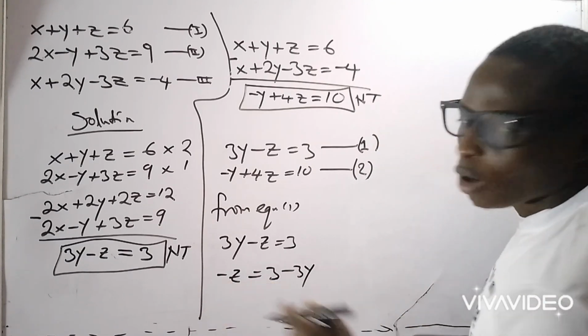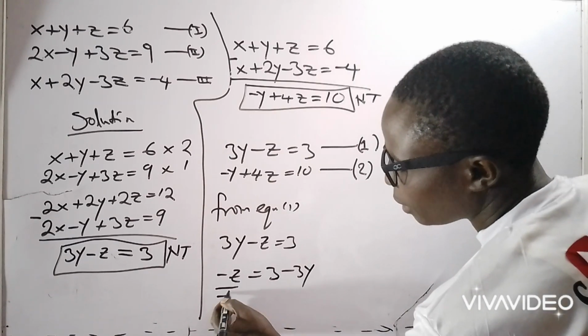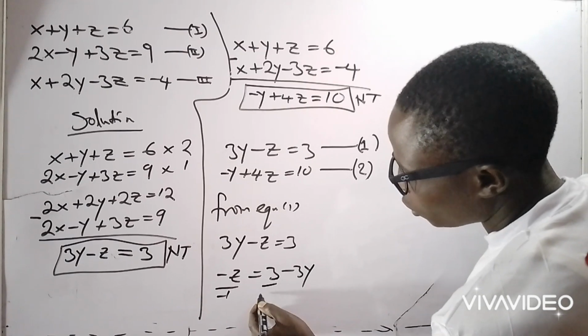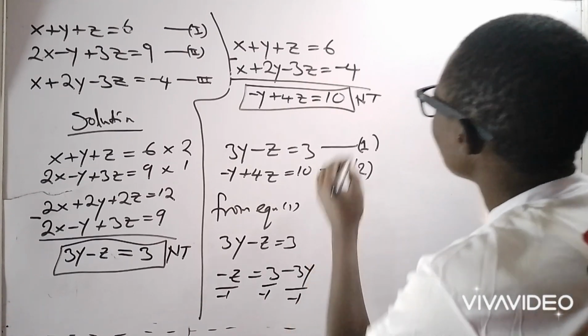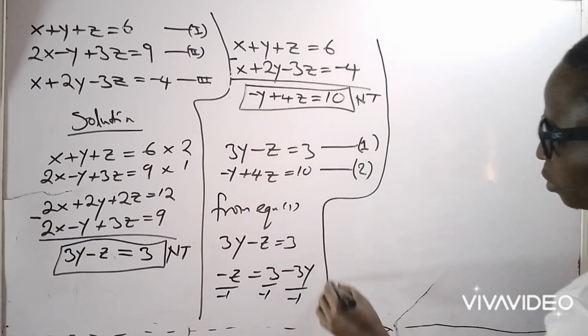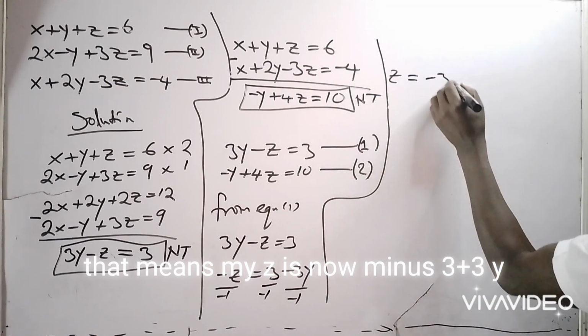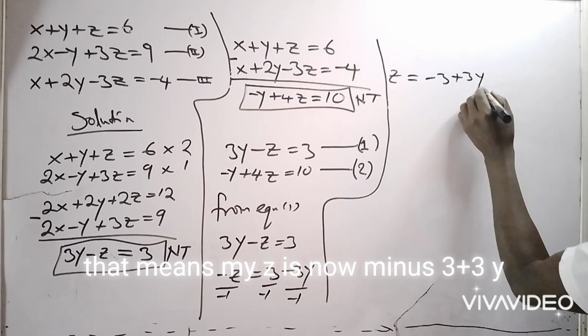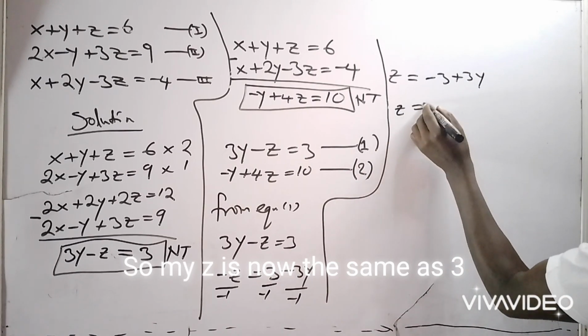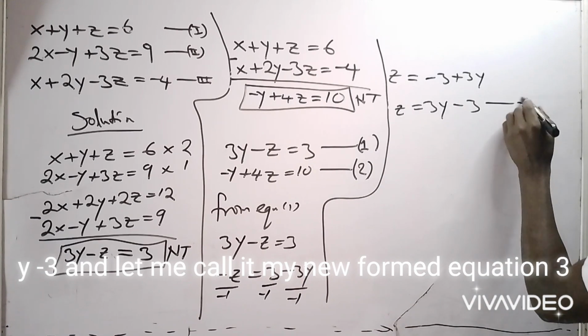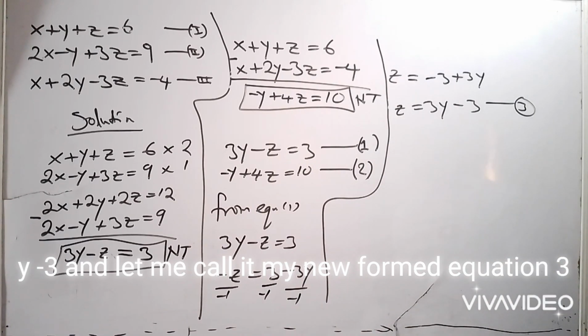I want to get rid of this negative, so I need to divide each term by minus 1. So my z is now minus 3 plus 3y, which is the same as 3y minus 3. Let me call it my newly formed equation 3.